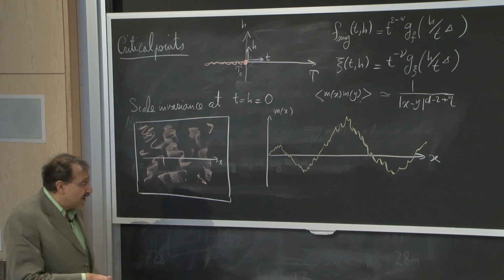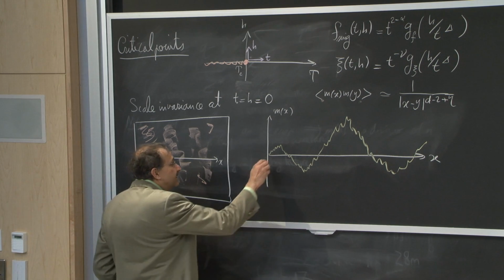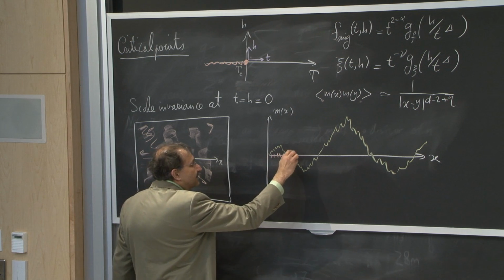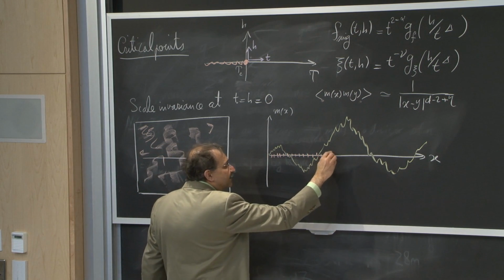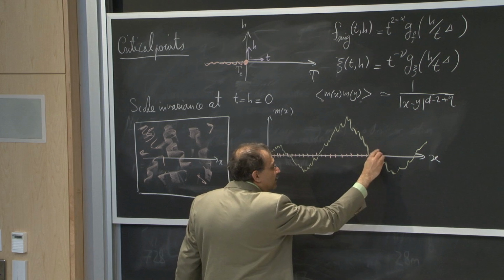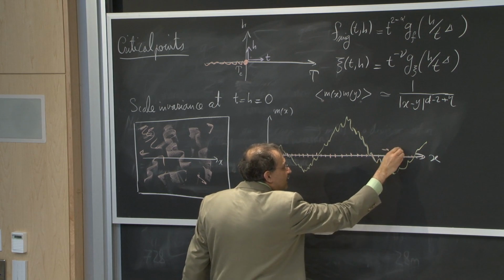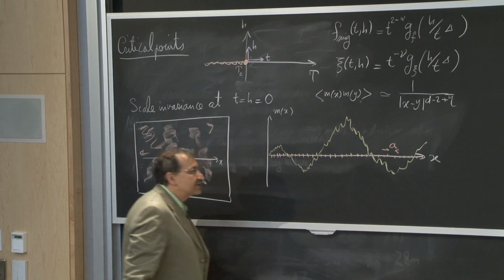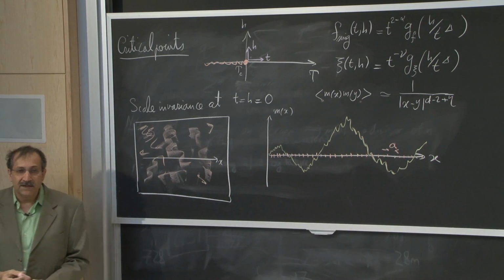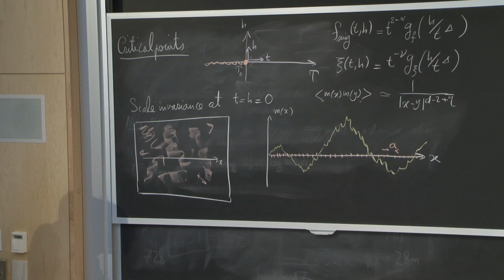So let's keep in mind that there is, in fact, some implicit analog of lattice size, or some implicit shortest distance, shortest wavelength that I allow for my fluctuations.